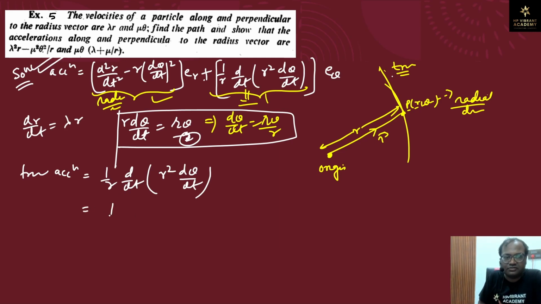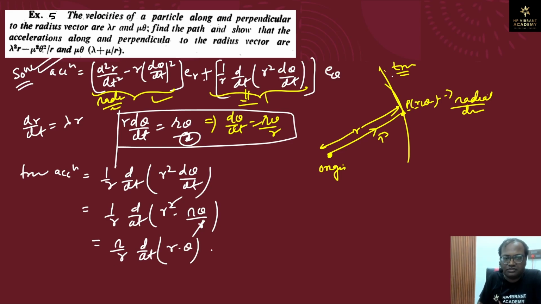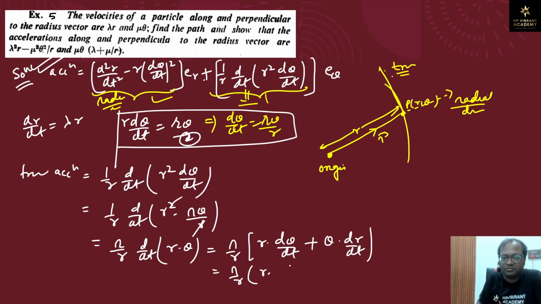So we can find this as (1/r) d/dt of r² into dθ/dt, which is μθ/r. This r cancels, so we have (μ/r) d/dt of (rθ). So this is equal to (μ/r) into (r dθ/dt plus θ dr/dt). This is equal to (μ/r) into (r times μθ/r plus θ dr/dt), and dr/dt is λr.